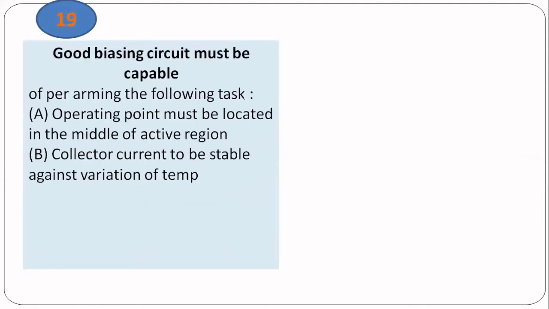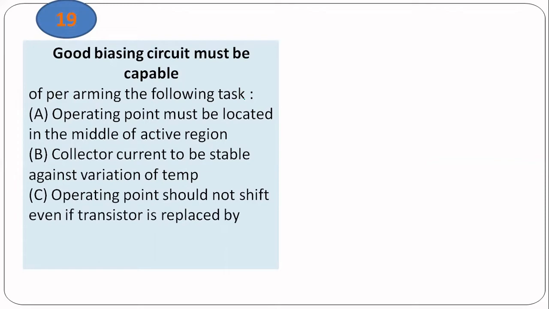So this question is about the operation of a transistor, and it is about the biasing factor. The biasing circuit must be capable of what parameters? Or it must be operated so that the biasing is done in a better manner.